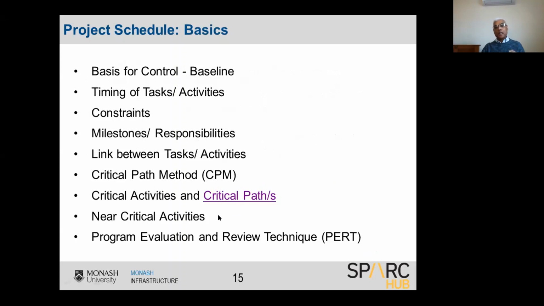Not only that, in my view, we need not only to concentrate on the critical paths, you have to identify and concentrate on the near critical activities. Near critical activities means that a set of activities may be just 5 days off the critical path.